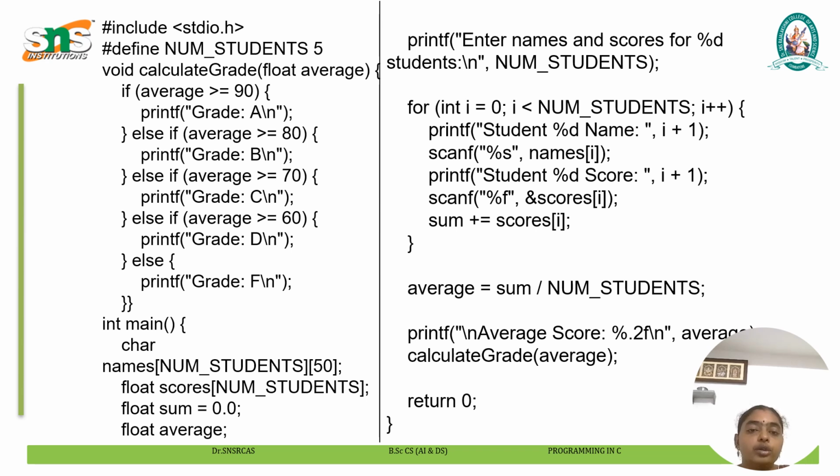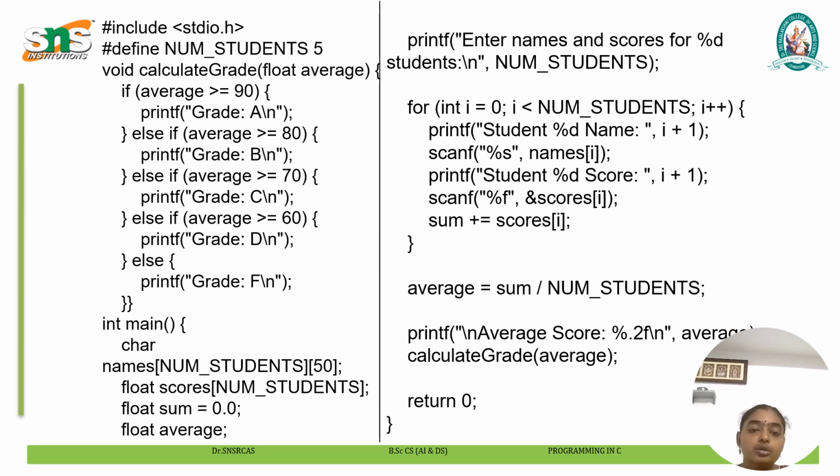Inside the block for calculating the grade, if the average is greater than or equal to 90, grade A is displayed. If the first condition is false, check the second condition: if the average is greater than or equal to 80, grade B is displayed.